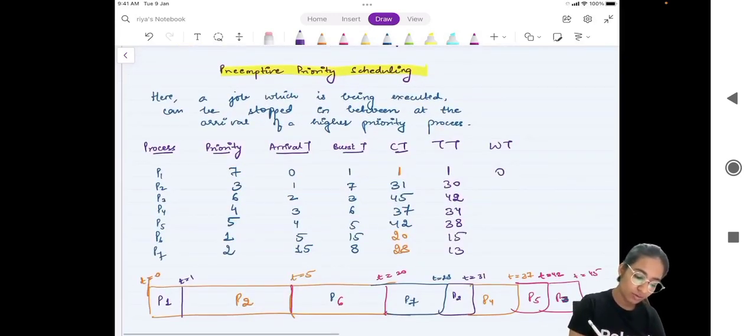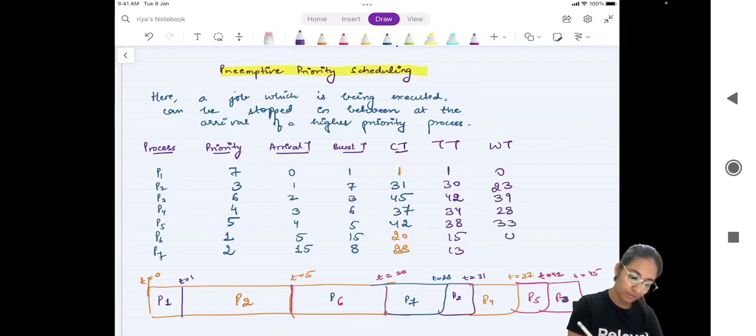So this is 0. This is 23. This is 39. This is 28, 33, 0, 5.